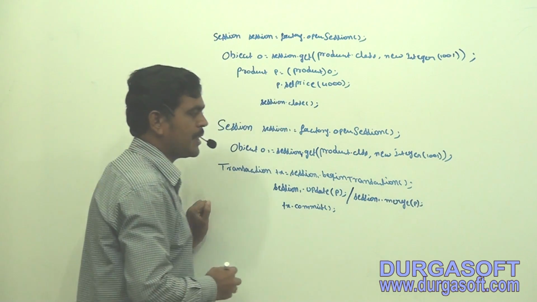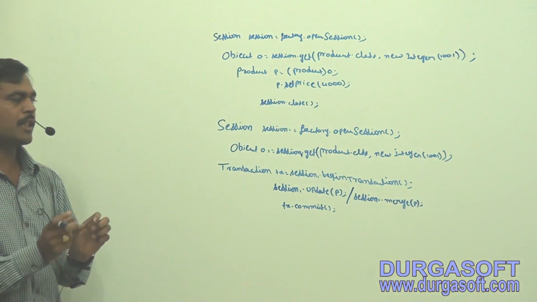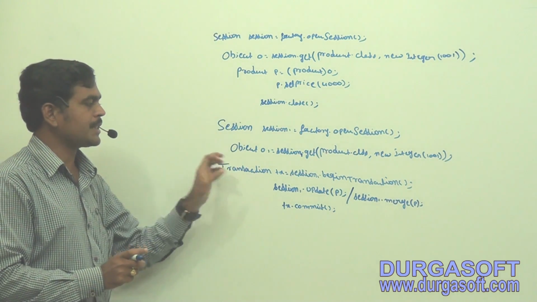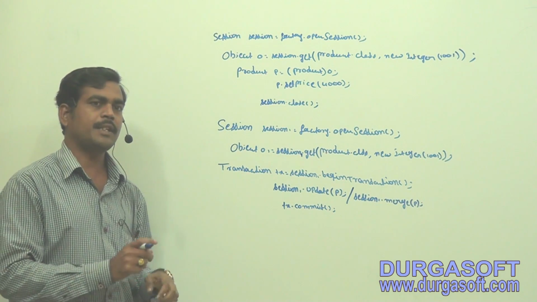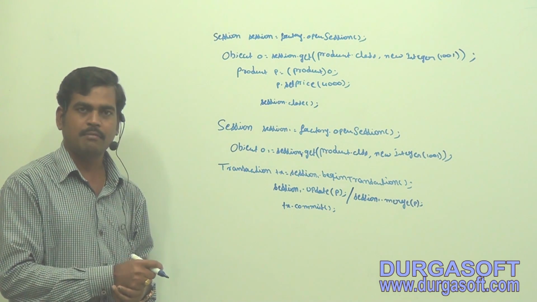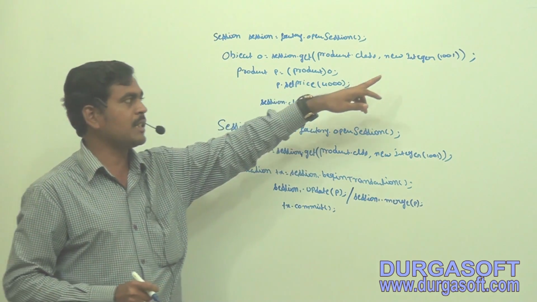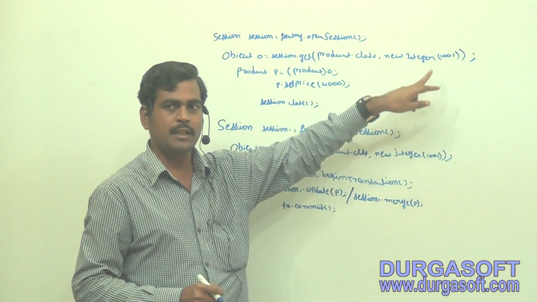Now the functionality of this merge method is, it is going to combine the first session object as well as the second session object, and finally it is going to update, with the same ID. Here we can observe very clearly, same ID 1001 only.